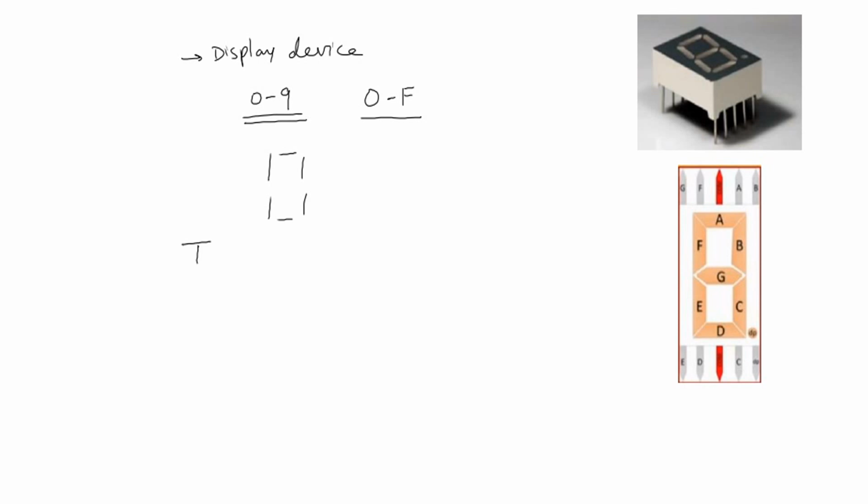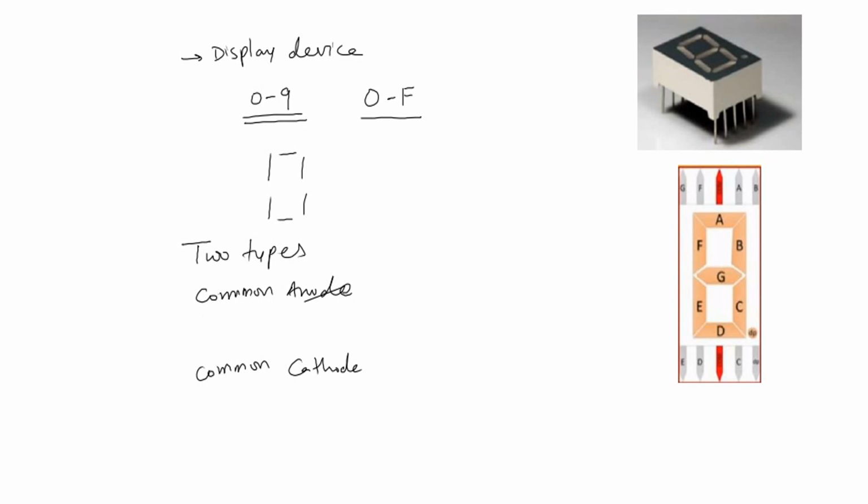So there are basically two types of LED. One is common anode, and another type is common cathode.